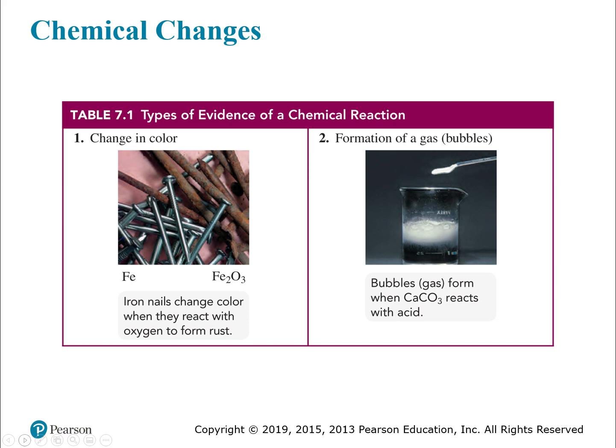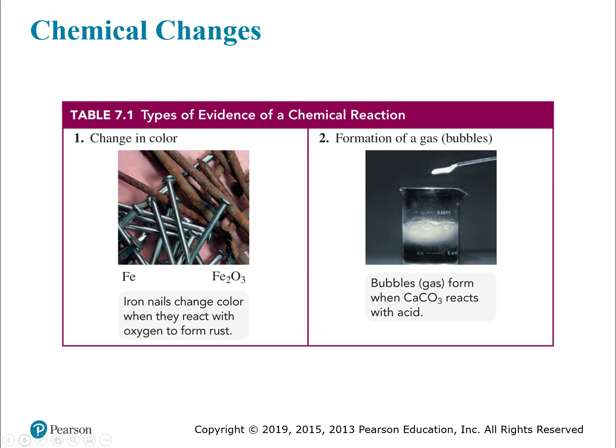That is because oxygen does a doozy on the body of that car. That is a chemical reaction. It's also a change in color because you can see that shiny metallic luster on those new nails, and then the old ones are kind of brownish red. Change in color, that means chemistry has happened.